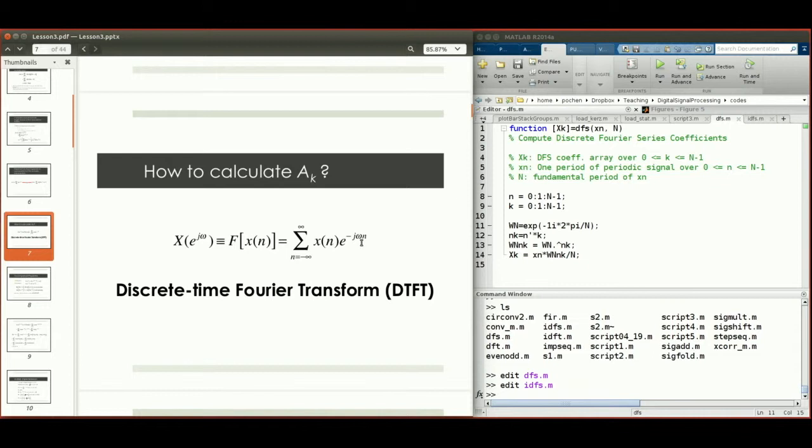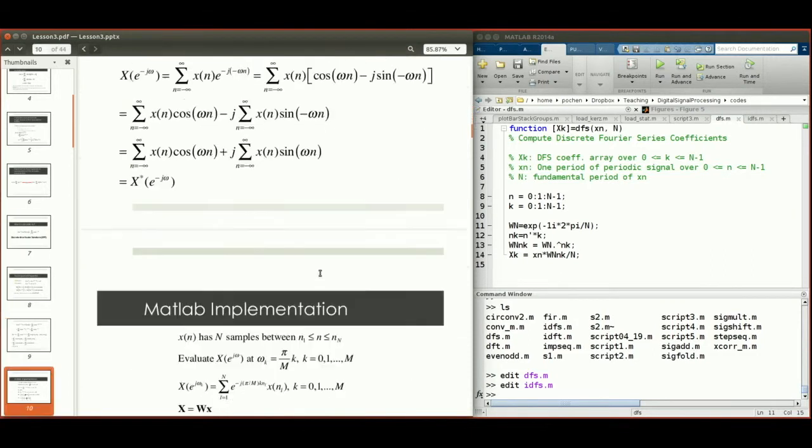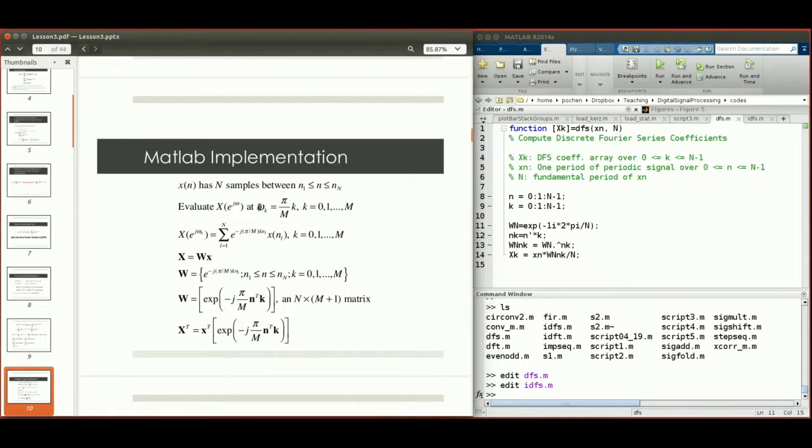Here, the frequency is treated as a continuous variable. So when we did the Matlab implementation, we were specific about how to sample omega. We gave omega k a linear distribution, an evenly spaced sampling of the interval 0 to pi.